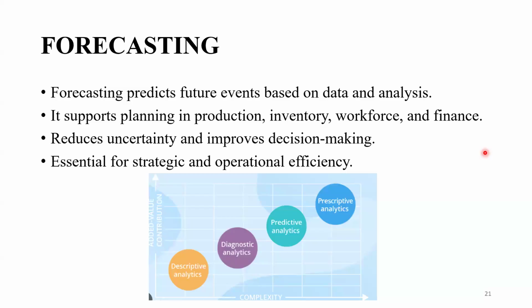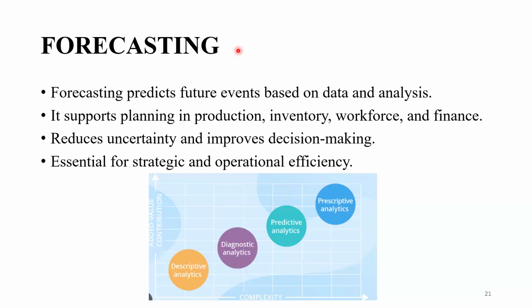Before that, a small check on data analysis. We'll be going ahead with predictive analysis, which is where forecasting comes in. There are four types of analytics: descriptive, diagnostic, predictive, and prescriptive.